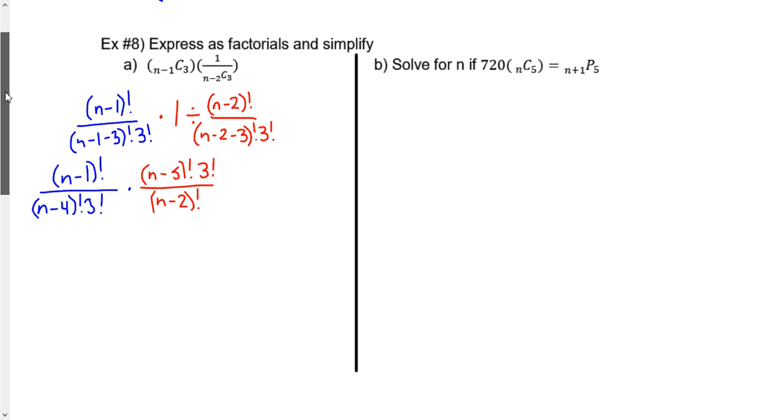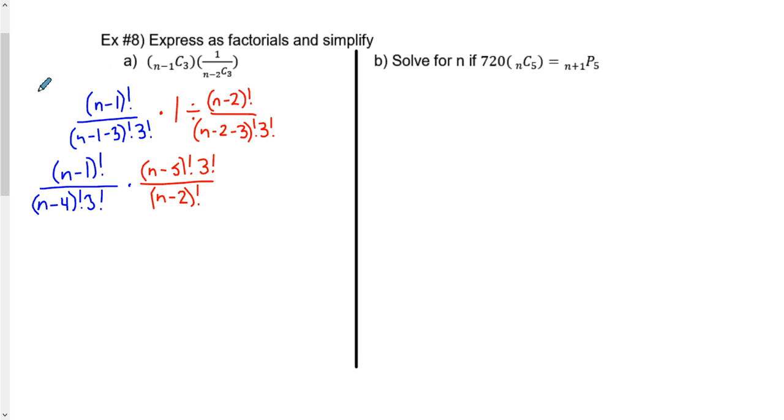The hardest part here is we're going to be doing some canceling here. We can see one thing that can cancel right away, and that's that 3 factorial. But beyond that, this is where it's going to actually get complex. Because we have to think about what does everything expand out as. For example, n subtract 5 factorial right here would be n subtract 5, then n subtract 6, n subtract 7, n subtract 8, n subtract 9, n subtract 10.